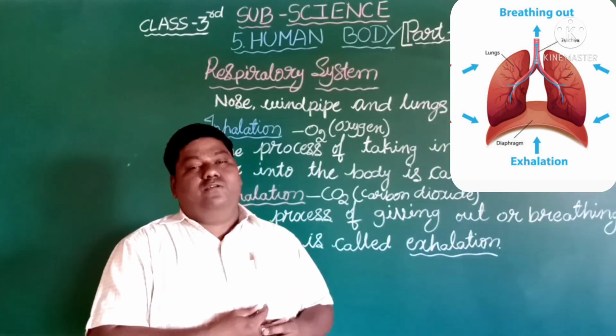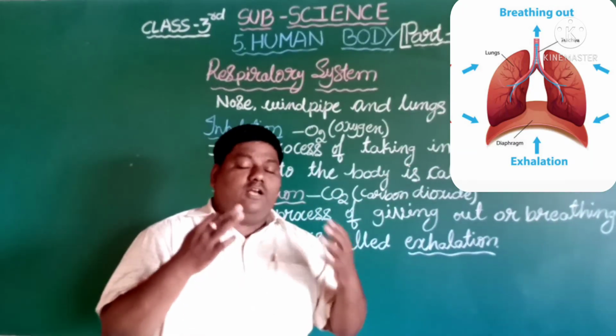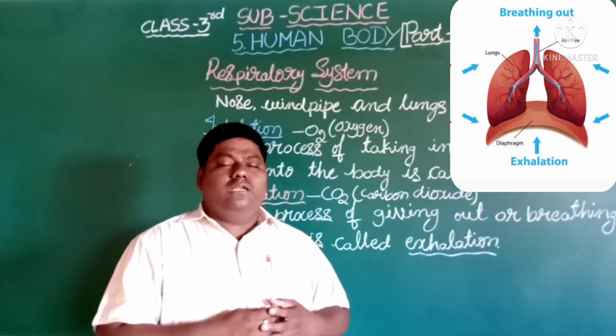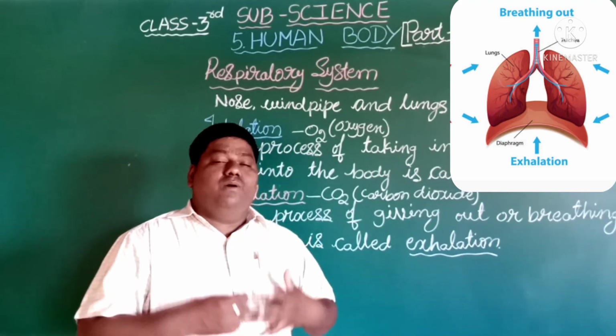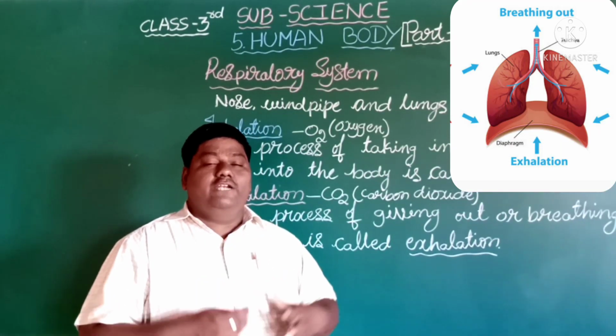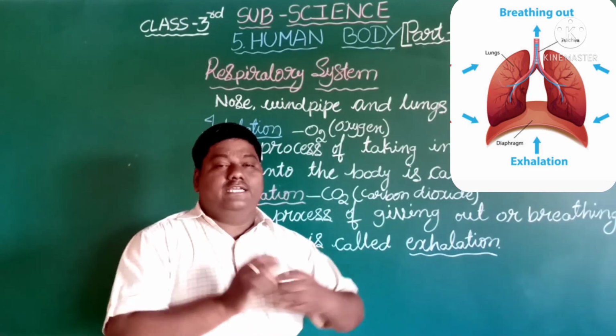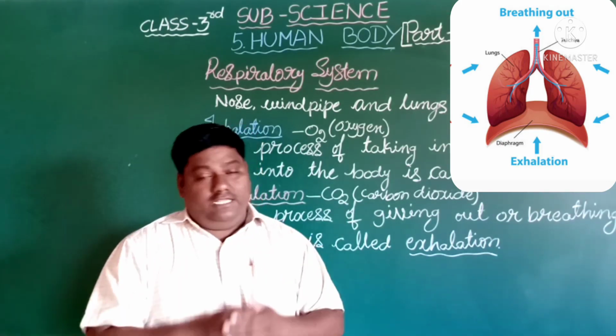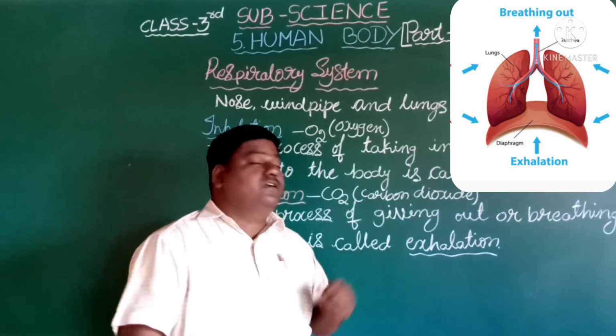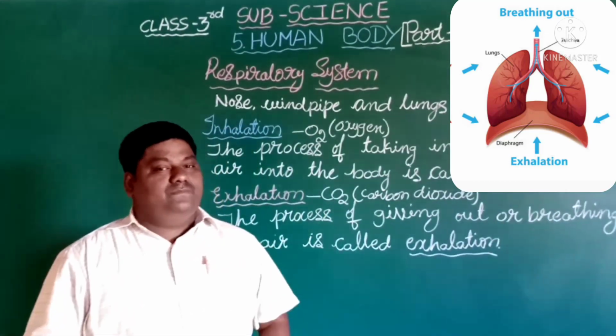Move upward. See, all of you observe, when you are leaving air from your lungs, they become flat. Okay, the size of the lungs does not increase. So that is what we call exhalation.